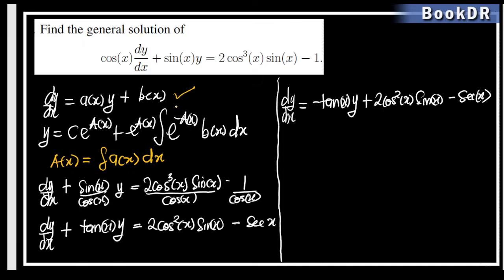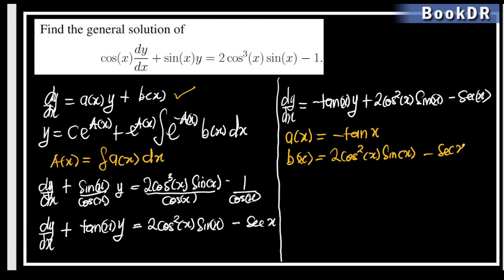Comparing to the form in which we want, our a(x) will be equal to −tan x, and our function b(x) will be equal to 2 cos²x sin x − sec x.